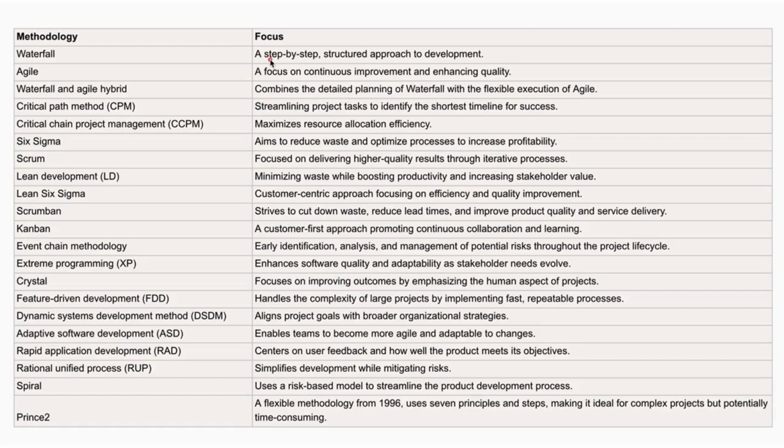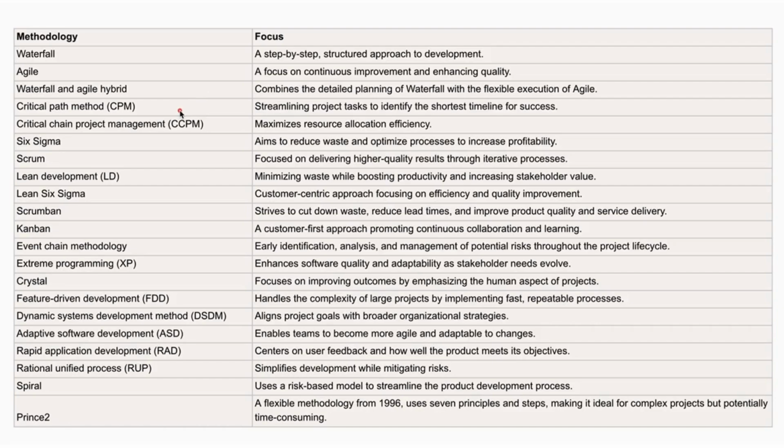It is a step-by-step structured approach to development. The next one is agile. It focuses on continuous development. And there's the waterfall and agile hybrid. So that's the combination of waterfall and agile together. And critical path method.